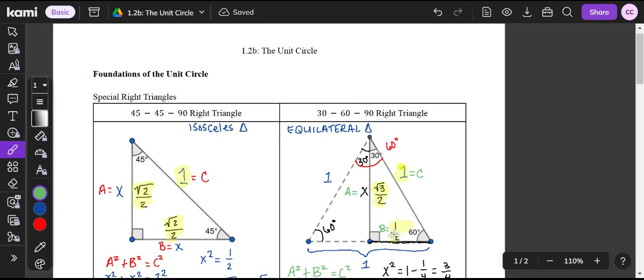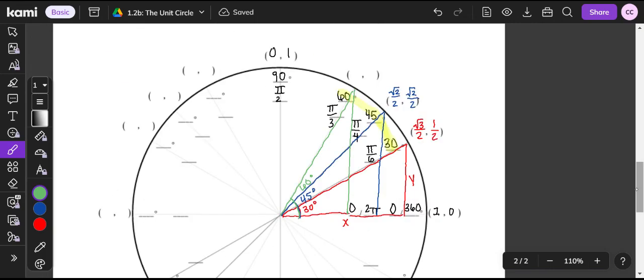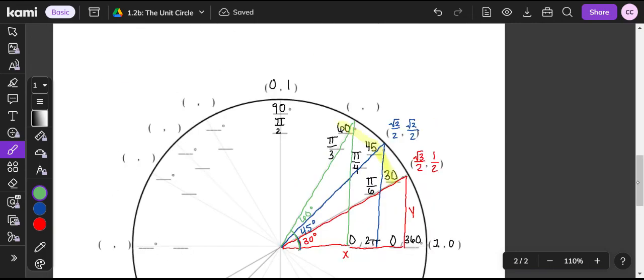The side across from 30 degrees is 1/2. So across from 60 degrees, that's my y coordinate. This is root 3 over 2. And then right next to 60 degrees, this is my x coordinate. This is 1/2.